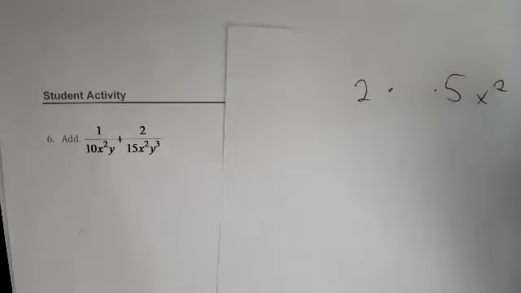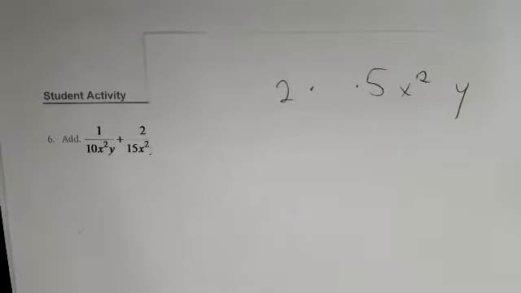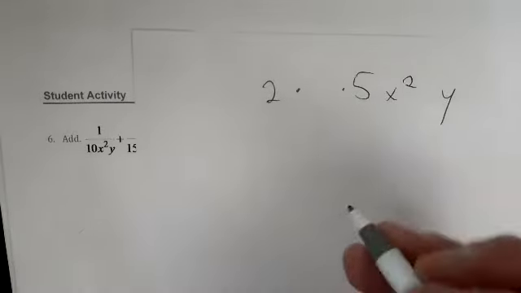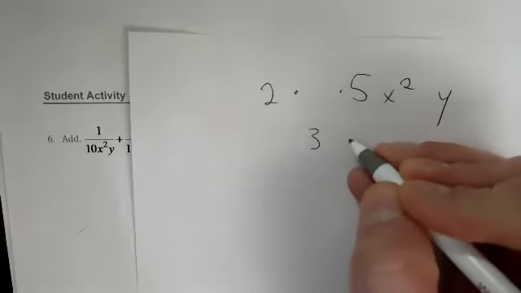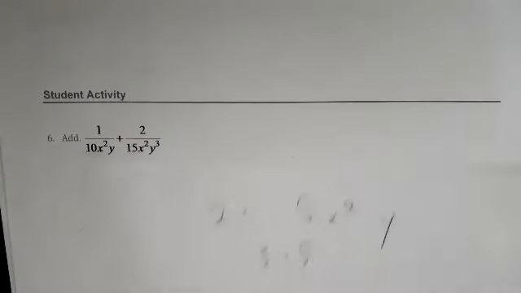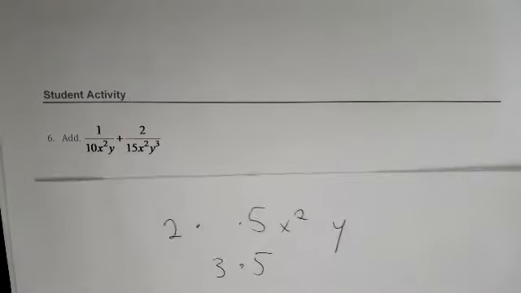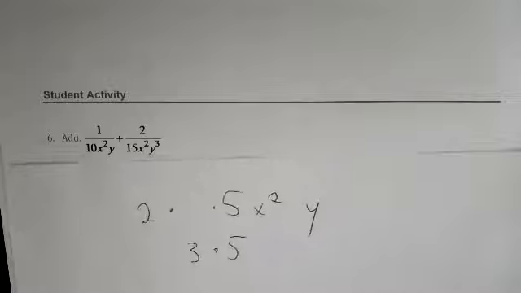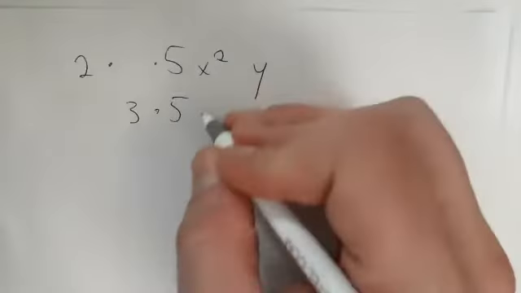And I got an x squared and a y. I can think about 3 times 5 would give me 15. I'm just doing the prime factors of these things. And I got an x squared y cubed.